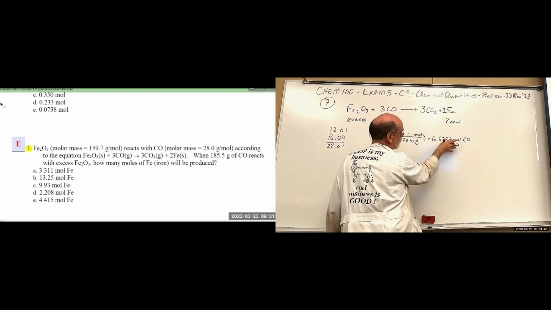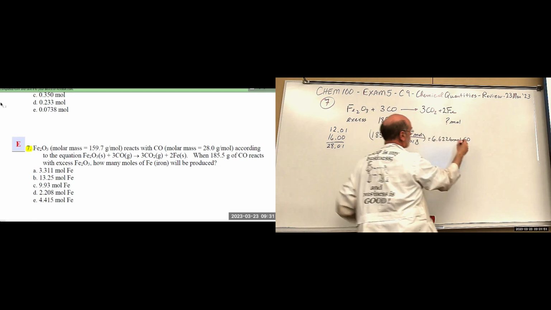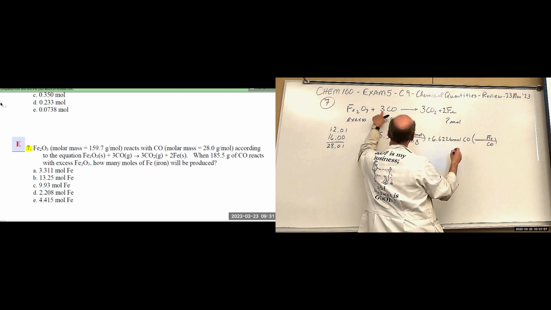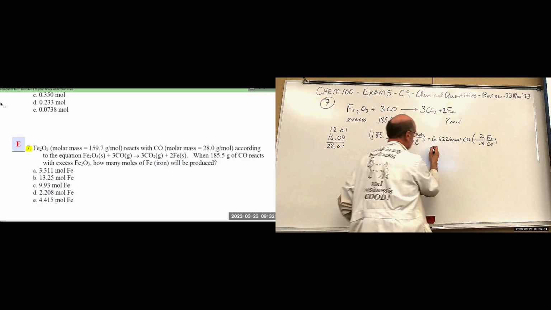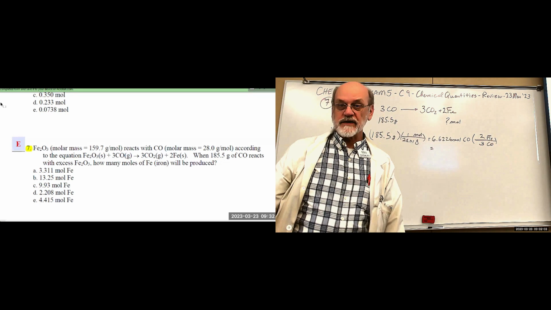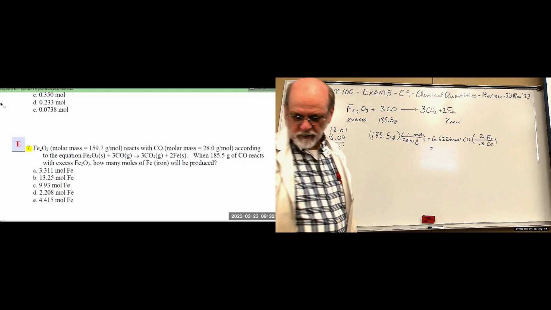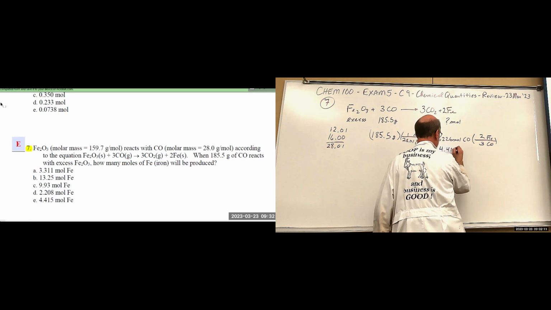Then we convert moles of carbon monoxide to iron using the coefficients as our conversion factor. Right. Carbon monoxide would be 3, iron would be 2. So 2/3 of that value will give us our answer. 4.4151.